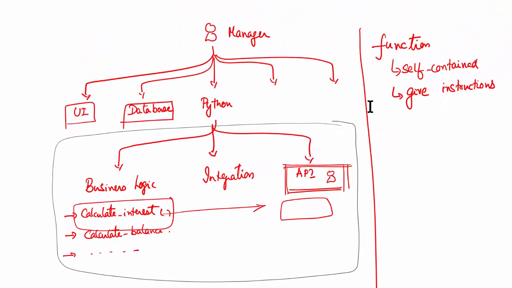How interest is calculated, what interest rate is applied, how many days to be used. These might all be parameters that you might want to tell it. Meaning you give instructions to this function in terms of saying, I want to calculate interest for 10 days at 5% interest rate on this balance. The actual formula that's applied is something you don't have to worry about as a caller of that function. So you just give the instructions and all the logic is self-contained in that function.